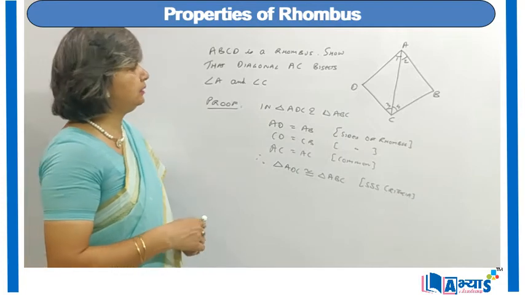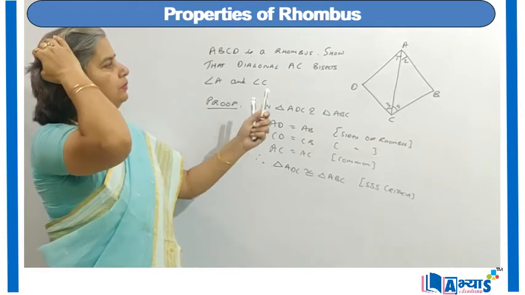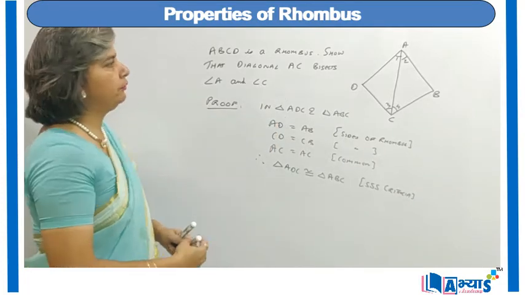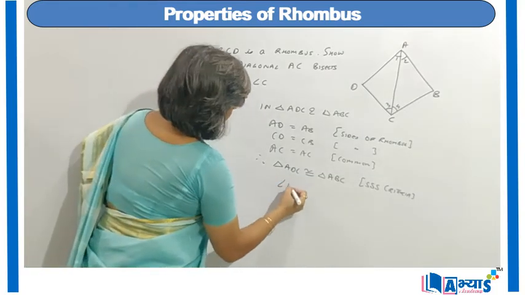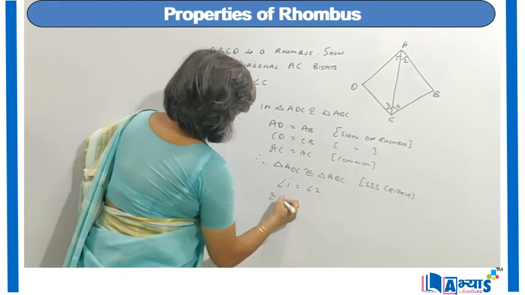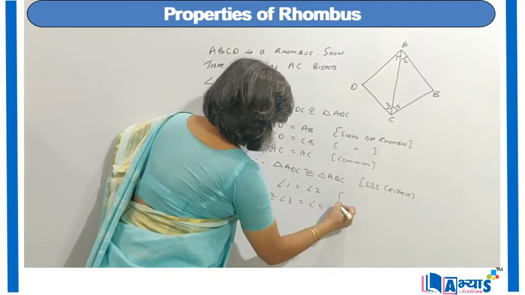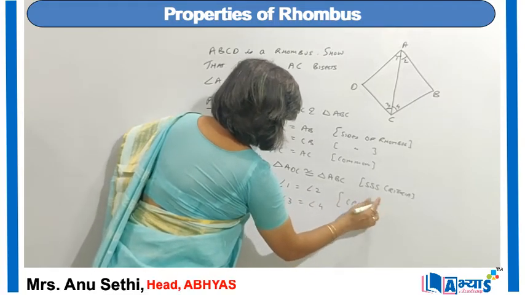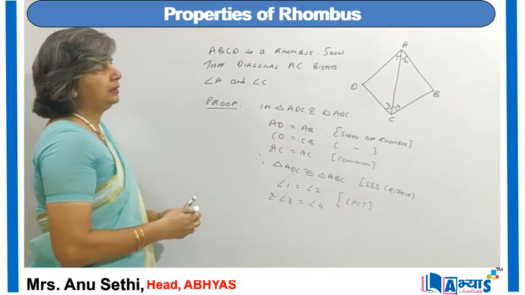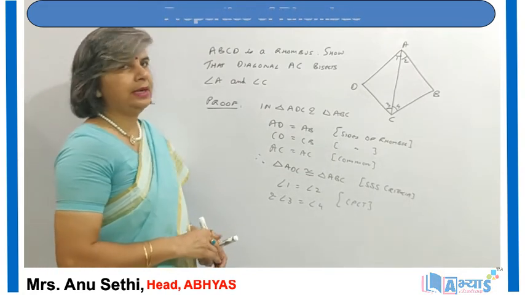So from CPCT we can say that angle 1 is equal to angle 2 and angle 3 is equal to angle 4. Hence we have proved that the diagonal AC bisects angle A and angle C.